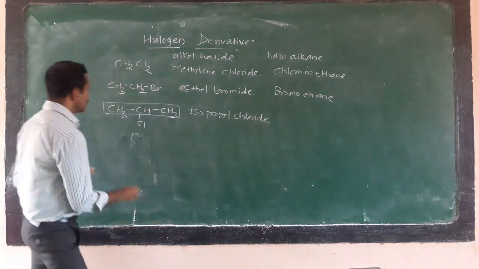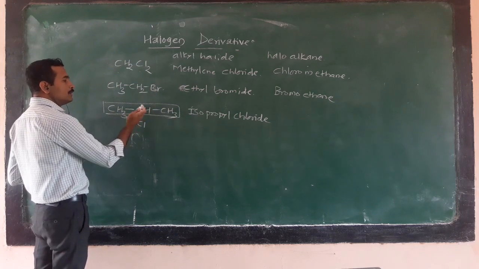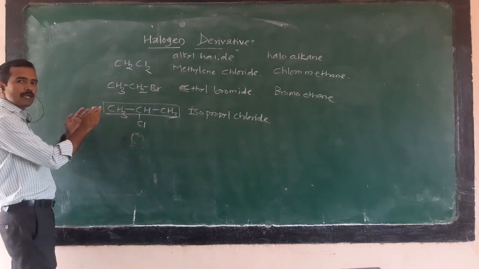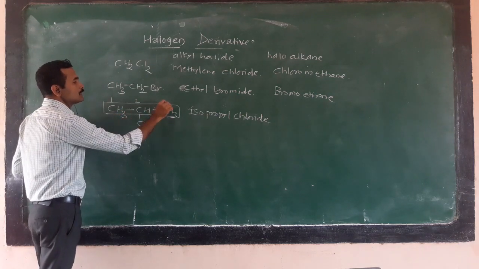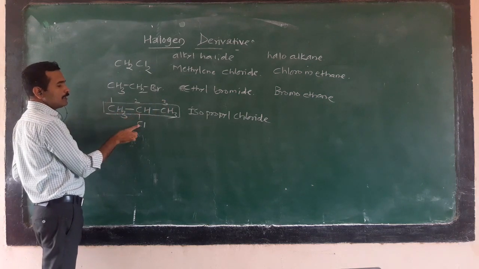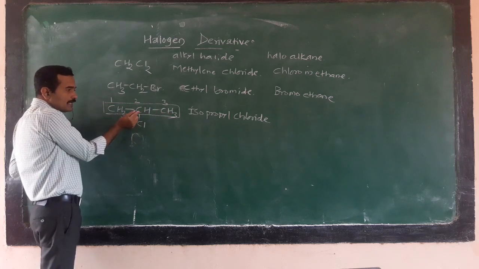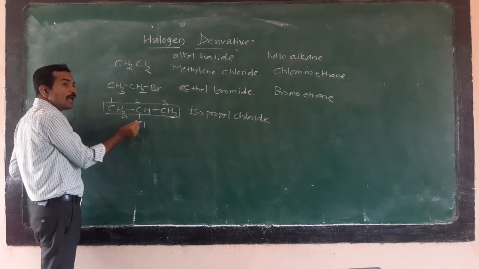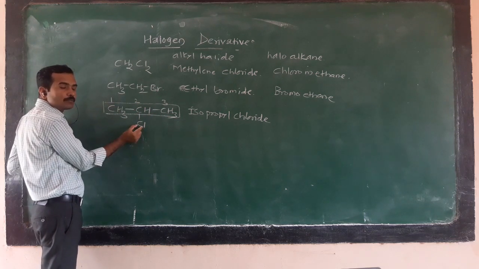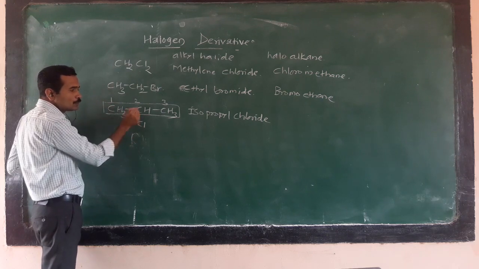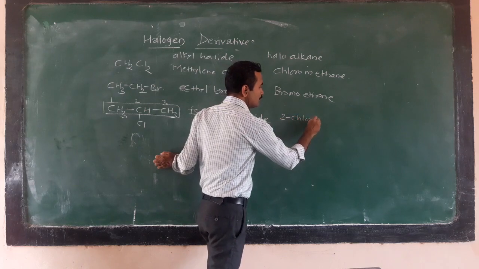So here we take 1, 2, 3, and from the other side also 1, 2, 3. From both cases we have the same position, so that doesn't matter. The second carbon has the chlorine atom, so we write haloalkane. We have to write the locant number, the location of the functional group, that is the chlorine group. So that's why we write 2-chloropropane.